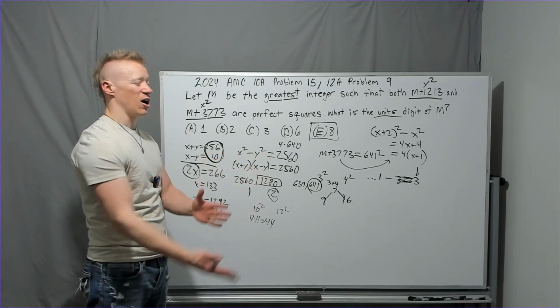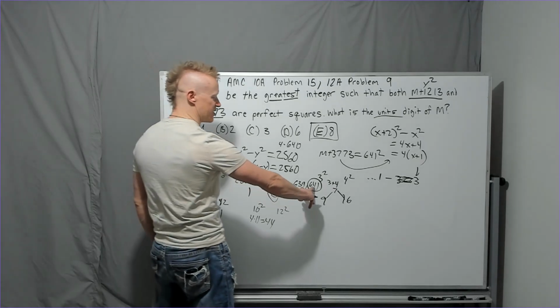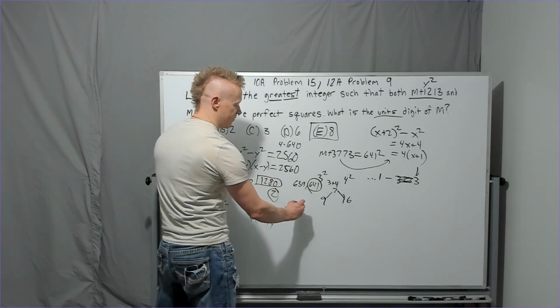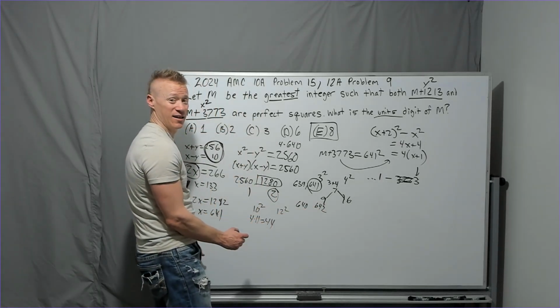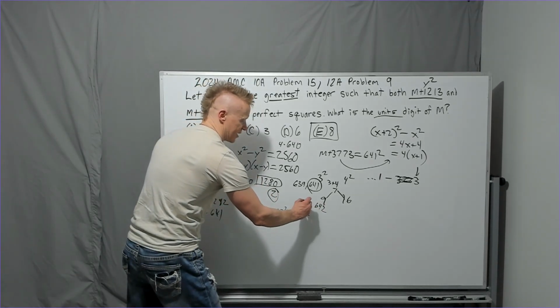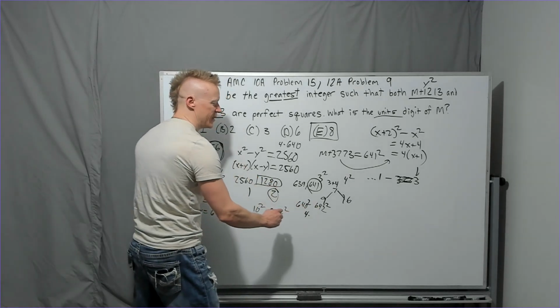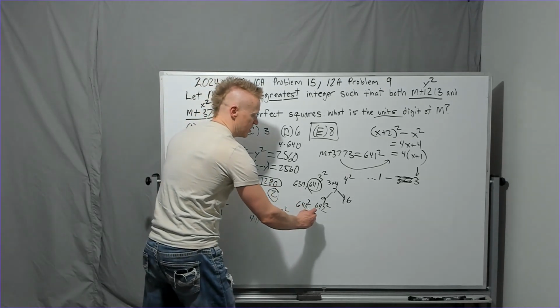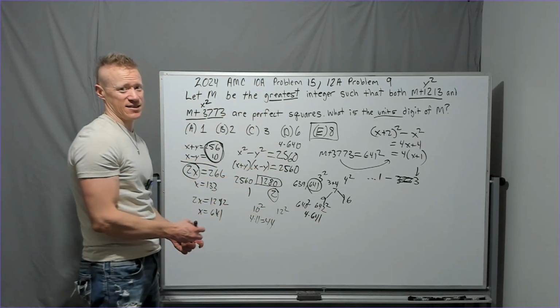If you go any larger, like you tried to achieve something larger than using these two, the next thing up, if I did between 640 and 642, let's say, then 640 squared, 642 squared, their difference now would be 4 times 641, which is more than this number.